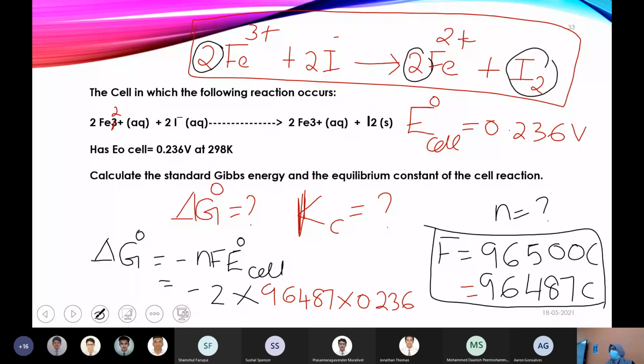That's what your answer is supposed to be. Negative 45.5, somewhat close to that. You have taken 96,500, Vishesh, still you are getting that value, almost. Correct. So that doesn't make much difference in the final.